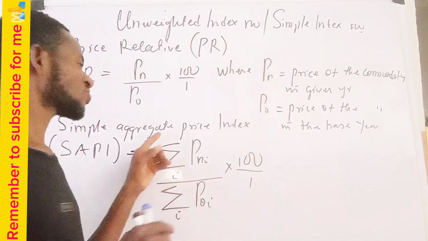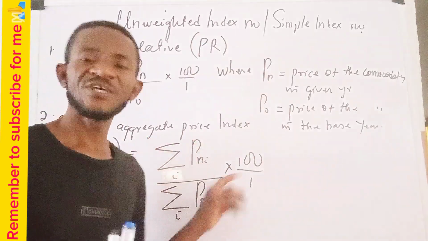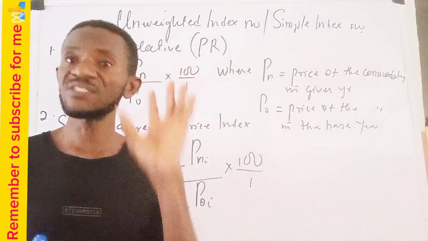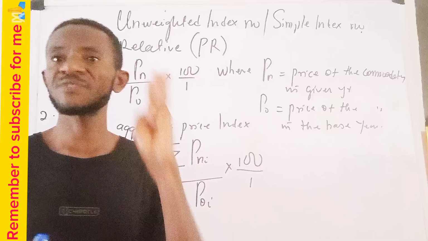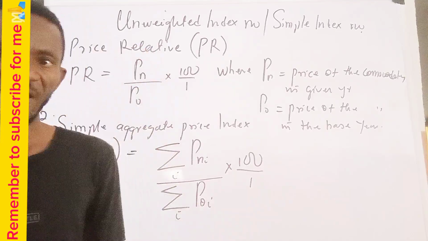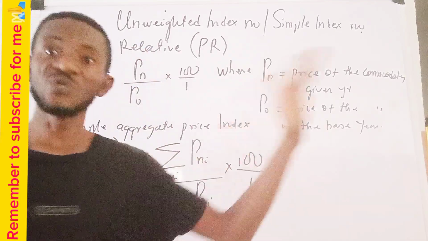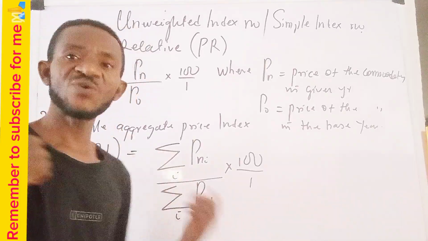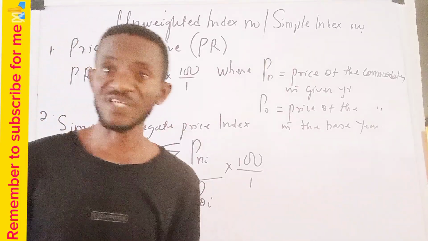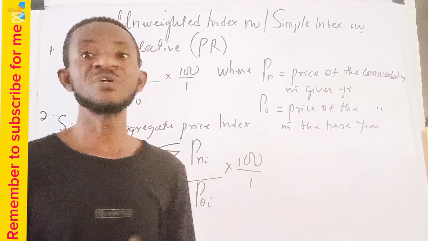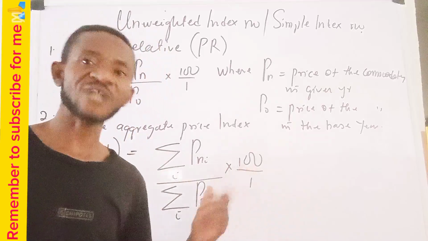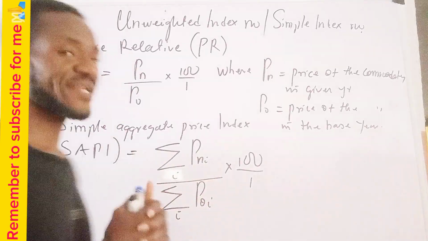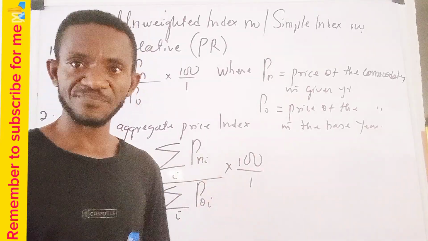So the sum of P_ni, the prices of these commodities in 2025, is 50 plus 75, which gives you 125 naira. For the base year, it is 10 naira plus 15 naira, which gives you 25 naira. So that is what we are talking about, and it is called the simple aggregate price relative.